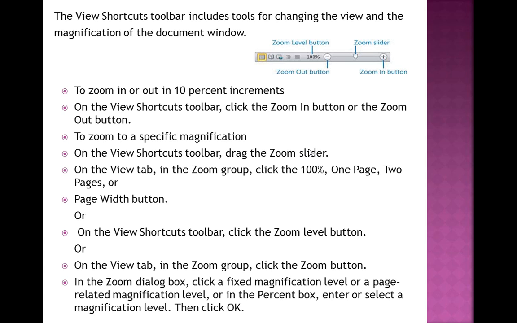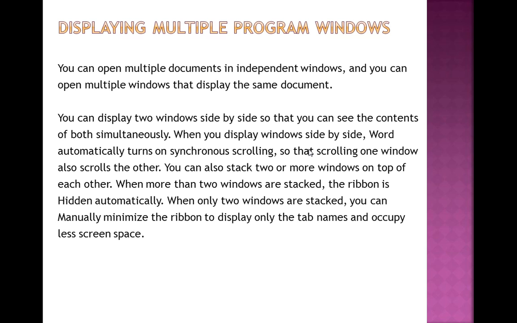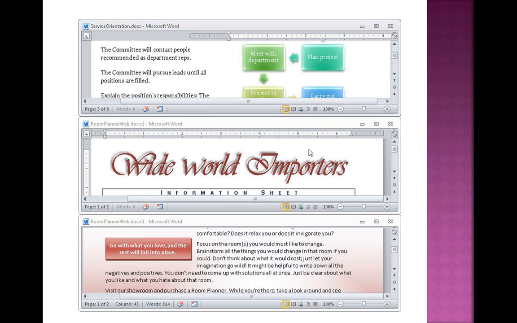That is how to zoom from 75% to 100% to 200%. What the zoom button is, what the zoom slider is, what percentage will be incremented or decremented whenever we zoom out or zoom in, and how to display multiple windows on the same screen.